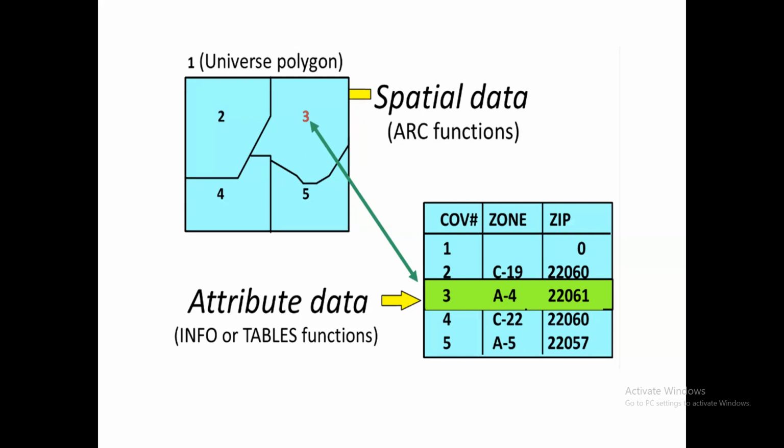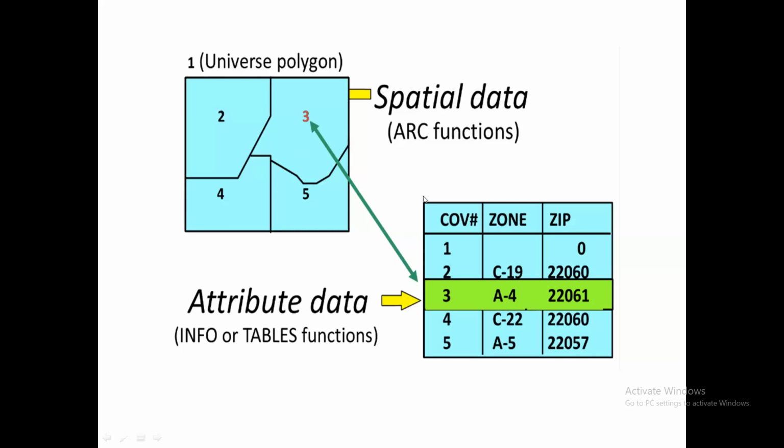For example, the attributes may be the name of the college, that is RMD Engineering College, where it is located, and what type of land it is. So these are the types of attributes associated with that particular spatial data. So now we know what spatial data is and what attribute data is.